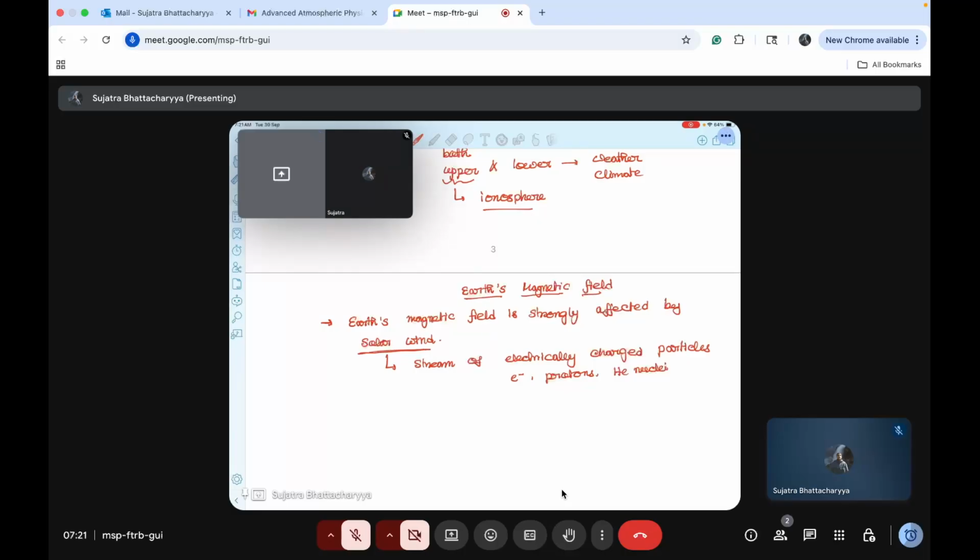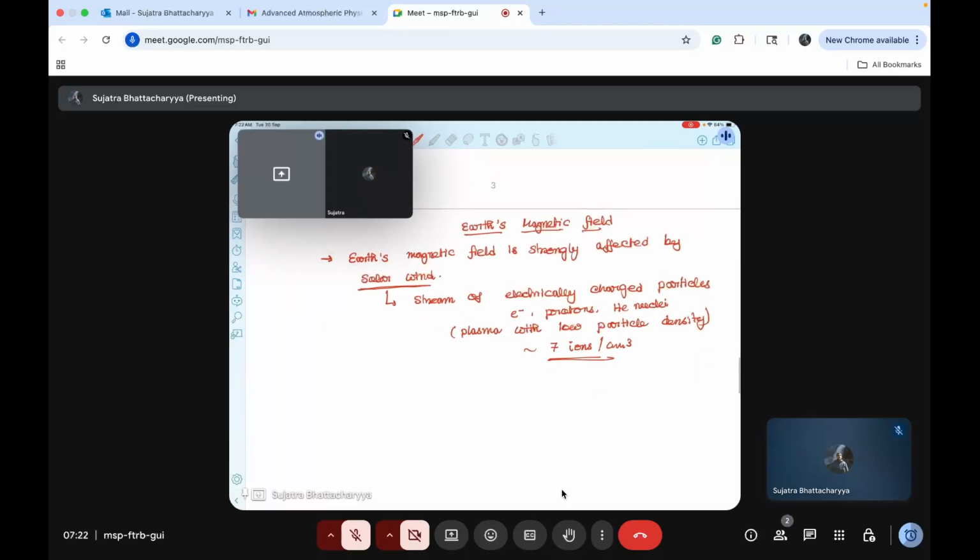So it consists of many things. It can be called plasma with low particle density. Okay. And what is this particle density? Approximately about 7 ions per centimeter cube. This is the approximate value of what I call a low particle density.